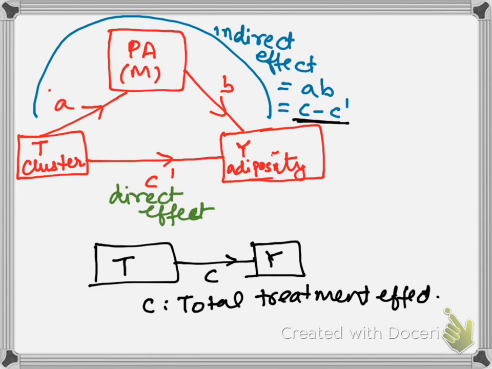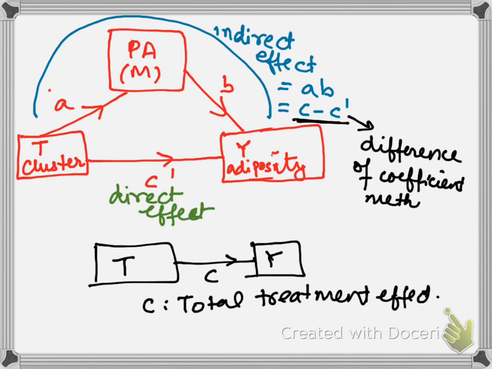A little bit more. The potential outcomes framework encompasses the standard mediation analysis based on a single mediator as a special case. Keep in mind that the difference of coefficient method yields numerically identical results.